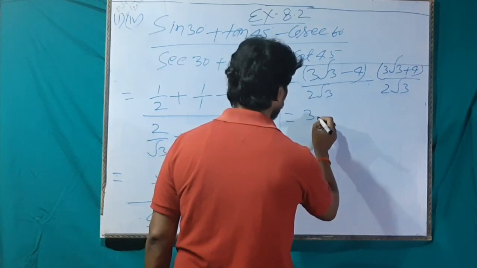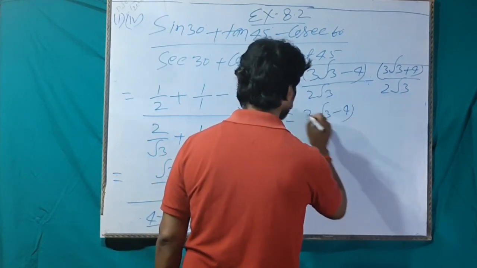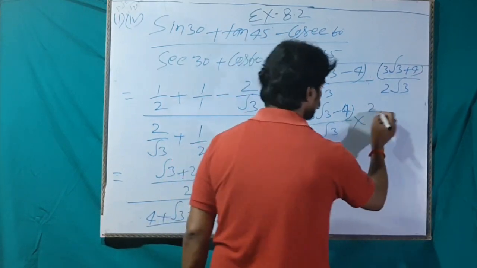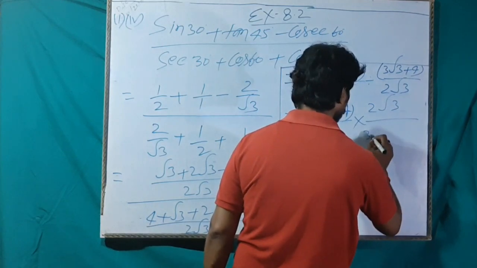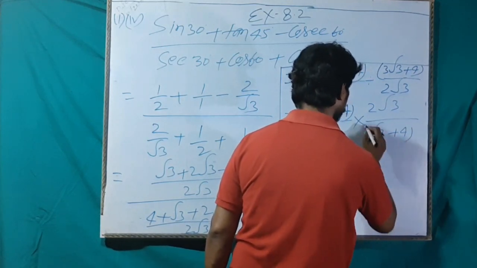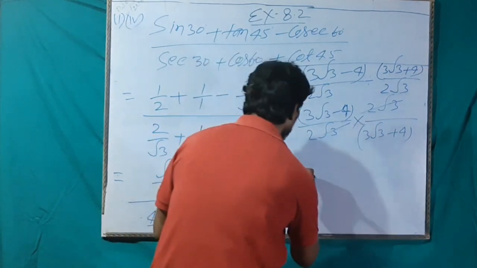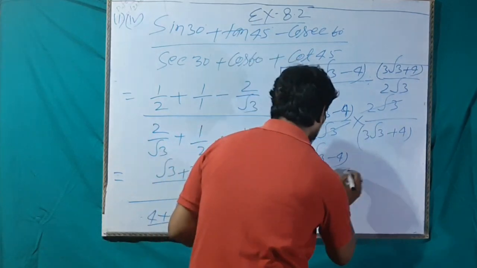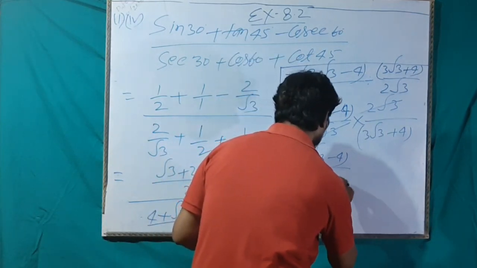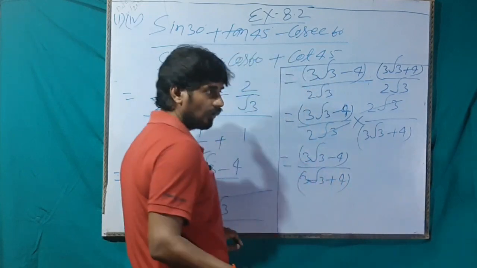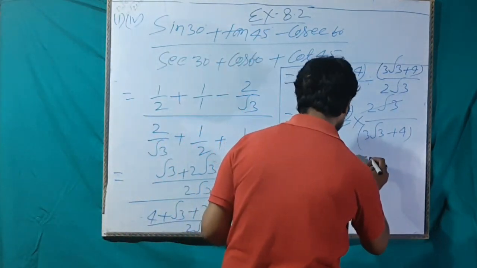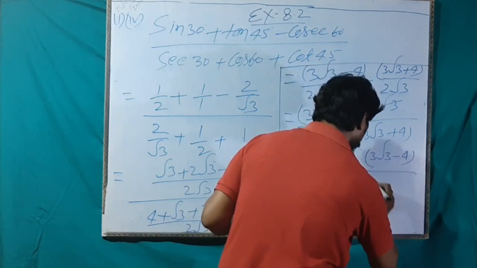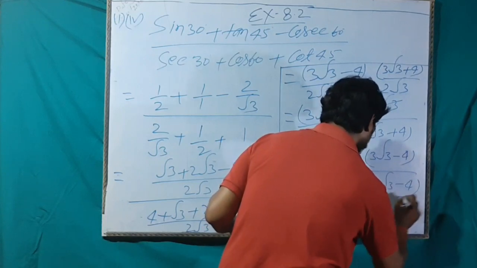That is 3 root 3 minus 4 by 2 root 3 multiplied by 2 root 3 by 3 root 3 plus 4. Answer: it is here 3 root 3 minus 4 by 3 root 3 plus 4. Now we will rationalize, so we will multiply by 3 root 3 minus 4 by 3 root 3 minus 4.